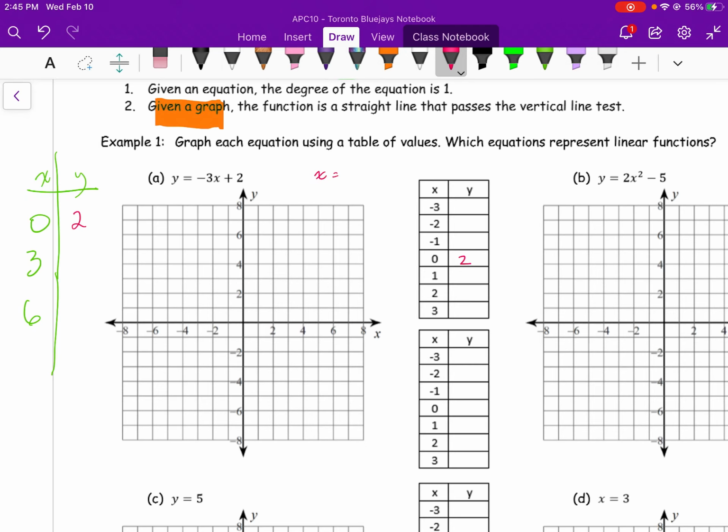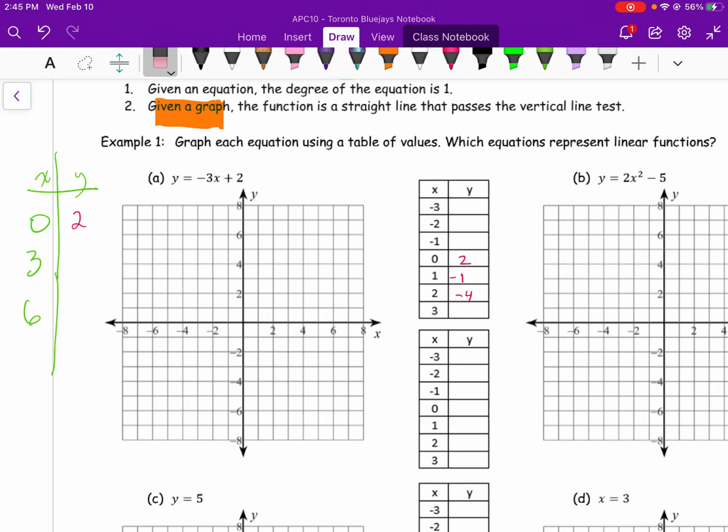When x is equal to 1, what is my y value? Y value is going to be negative 1. Now here, when x is 2, y is equal to negative 3 times 2 plus 2. Negative 3 times 2 is negative 6 plus 2, and what I get is negative 4.